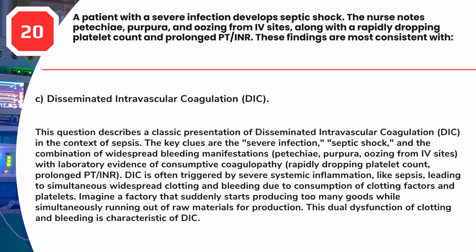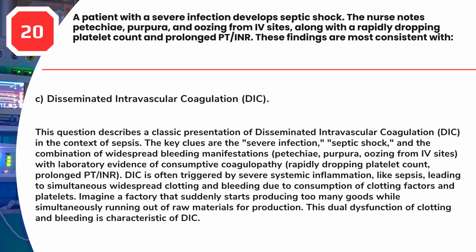Answer, C. Disseminated intravascular coagulation, DIC. This question describes a classic presentation of disseminated intravascular coagulation, DIC, in the context of sepsis. The key clues are the severe infection, septic shock, and the combination of widespread bleeding manifestations, petechiae, purpura, oozing from IV sites, with laboratory evidence of consumptive coagulopathy, rapidly dropping platelet count, prolonged PT/INR.